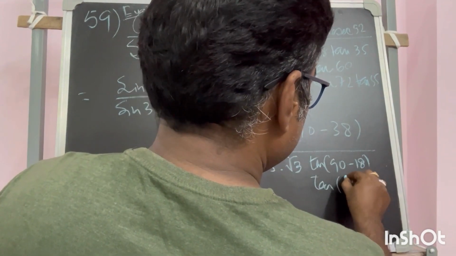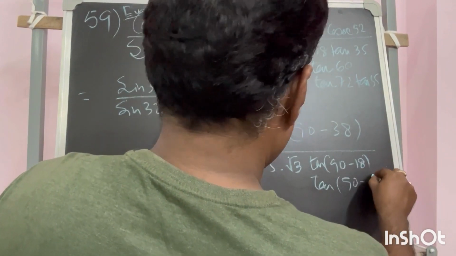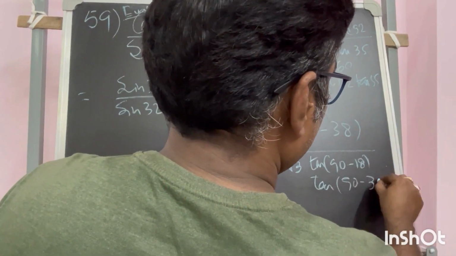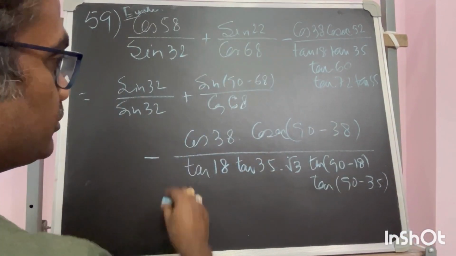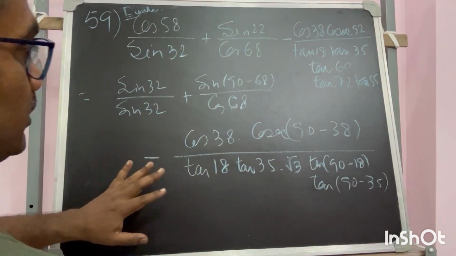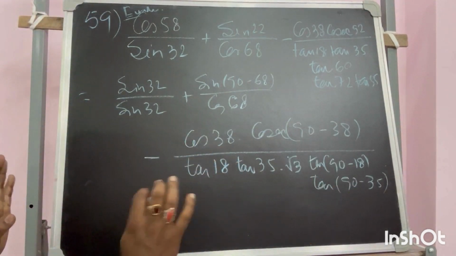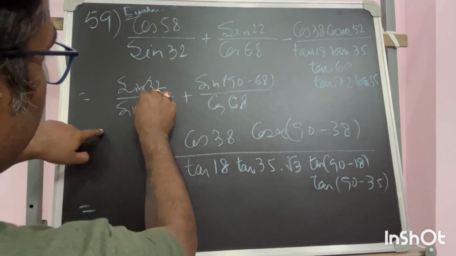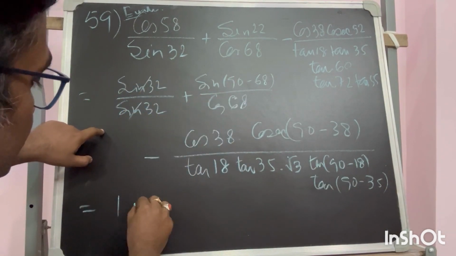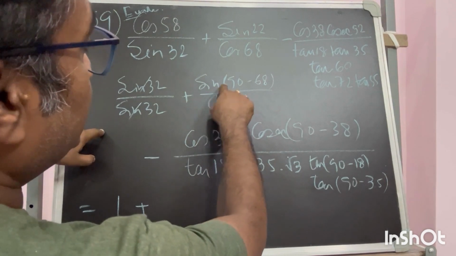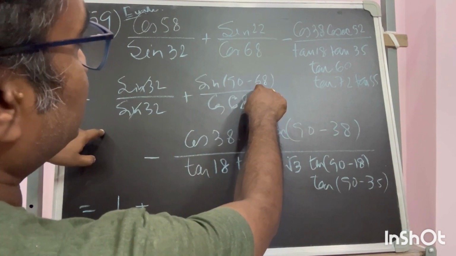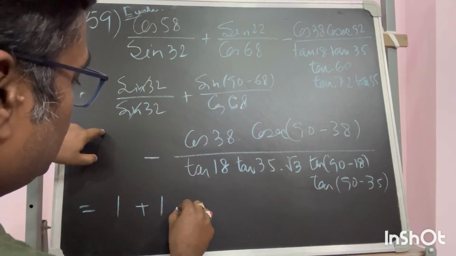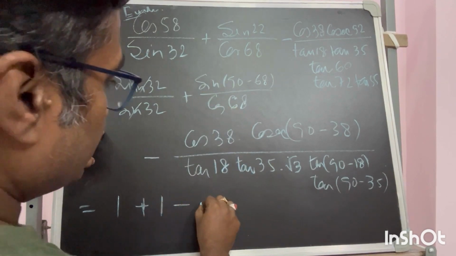So tan 55 is equal to tan of 90 minus 35. All terms are related in such a way that one is reciprocal to another, so now this can be cancelled. I'll keep it as 1. Sin of 90 minus 68 means cos 68, so cos 68 by cos 68 is again 1.